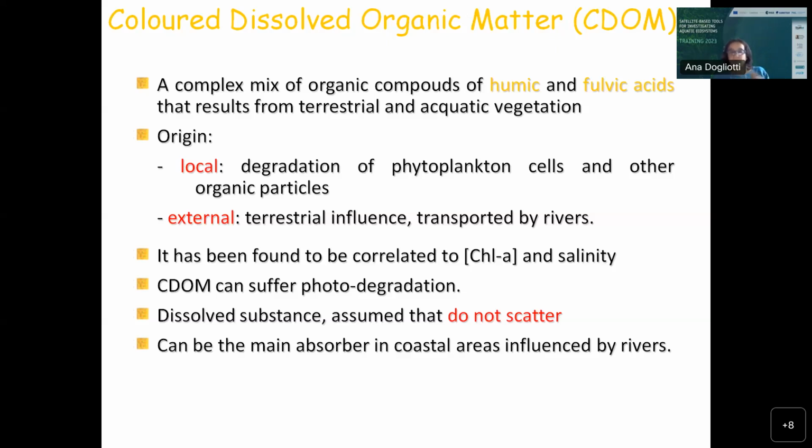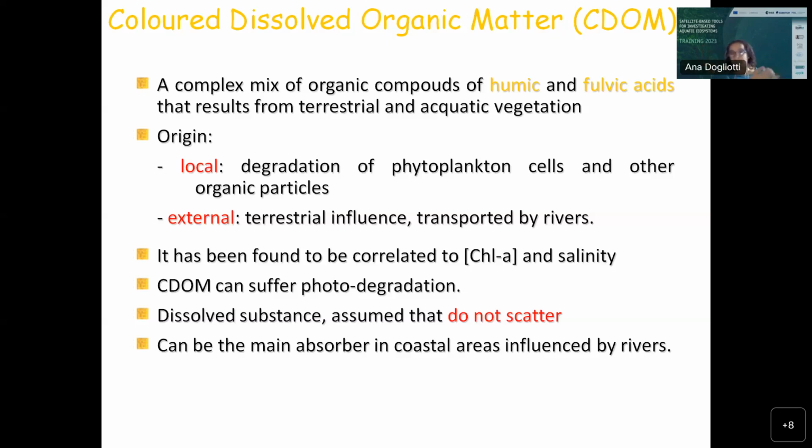That's basically what we call yellow substance, because it's mainly dissolved substances that have an organic origin. And it can be local or external: in the sea, it can come from degradation of the phytoplankton cells or other organic particles, or it can be external if it comes from a river, for example.